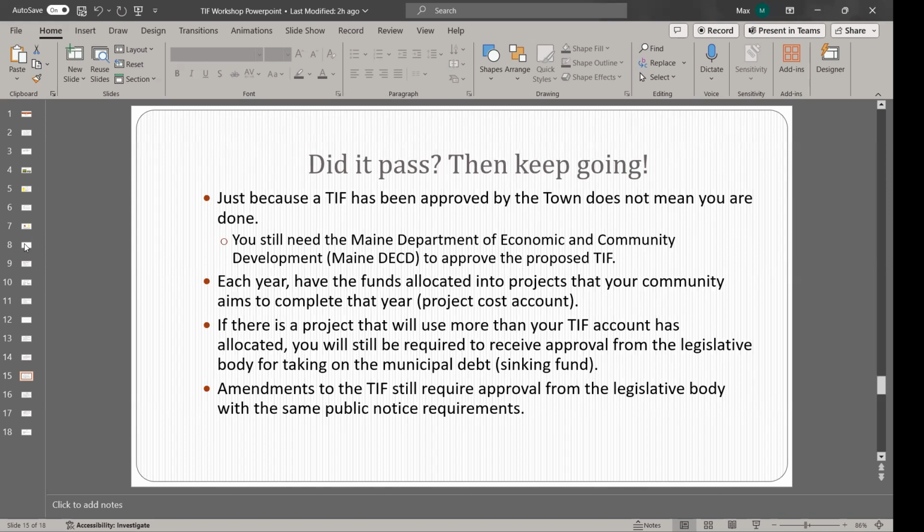Now, it passed. It passed tonight. I don't know how on earth any of you could have done it where we just started talking about this and you suddenly had a TIF pass, but it passed. Don't stop. Even though it's exhilarating that it passed your local community, it's still not done because you still need, as I mentioned earlier, approval from the Maine Department of Economic and Community Development to actually sign off on this program.